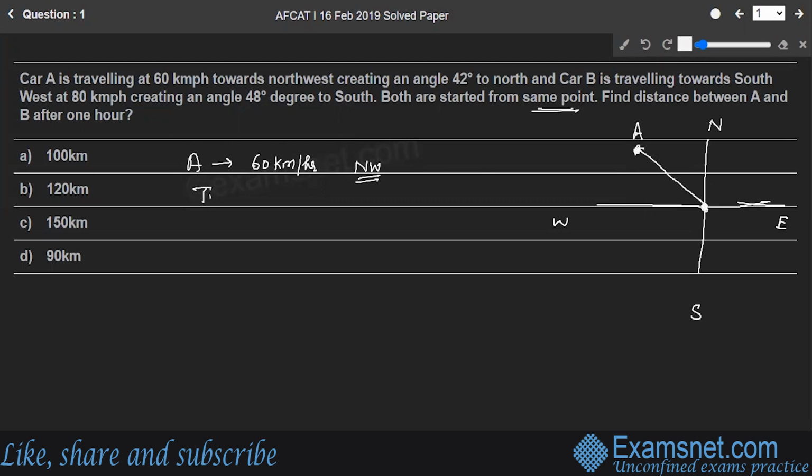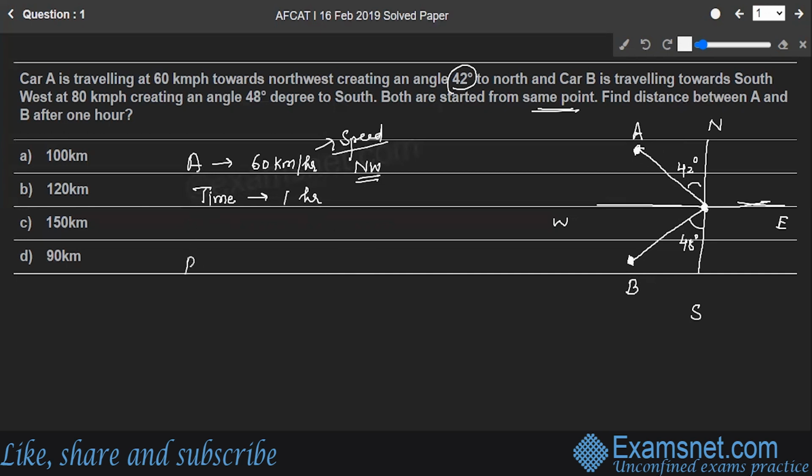Time is 1 hour, and this is the speed for car A. Second, it is making an angle of 42 degrees with the north. Similarly for car B, it is moving in southwest. So this is the final position of B after 1 hour, and it's making an angle of 48 degrees to the south.